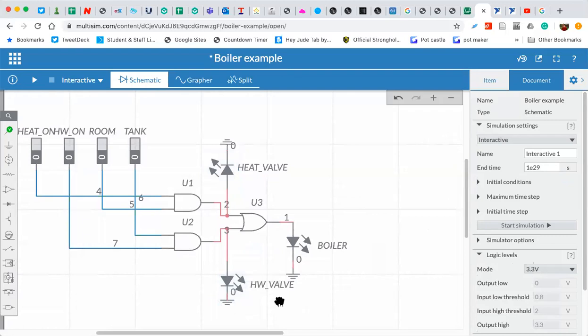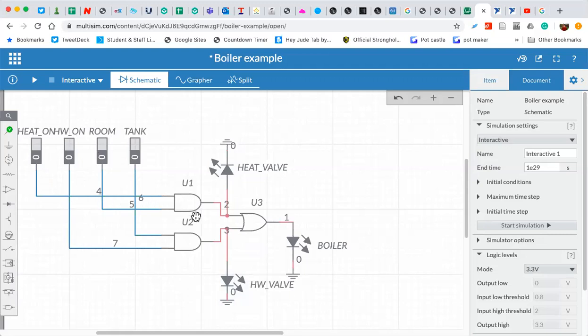So what we got is, if you remember, we had heating on, hot water on, room stat, tank stat, and our circuit was A, B, C, and D in that order when we were looking at it last week. It's always useful to put more meaningful names against your inputs for the full proper circuit diagram.